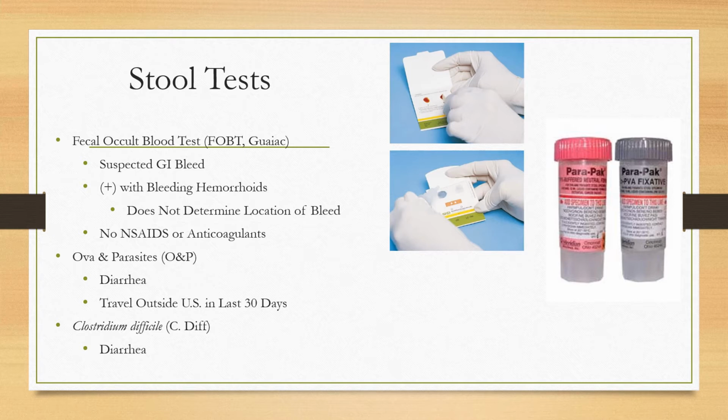We can test for C. diff toxin. So not the actual bacteria, but the toxin that the bacteria is producing. So we send off the diarrhea, and very quickly, typically within 24 hours, we'll get a result whether there's C. diff toxin present. And these patients typically have a history of taking antibiotics. They have abdominal pain.